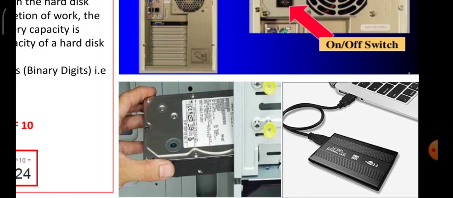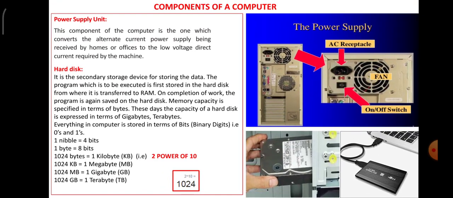It need not be inside. You can carry it wherever you want. So if you have some projects or other important study material and you want to carry it somewhere and show it on the projector, you can do that using the second option. Okay, that is the external hard disk.